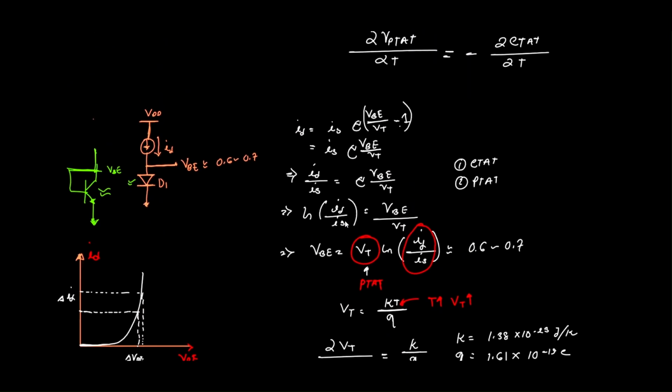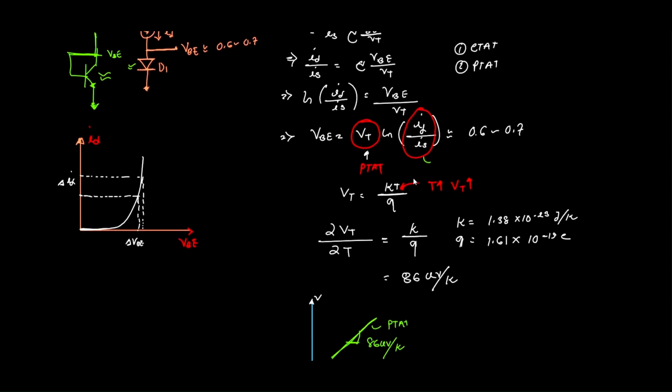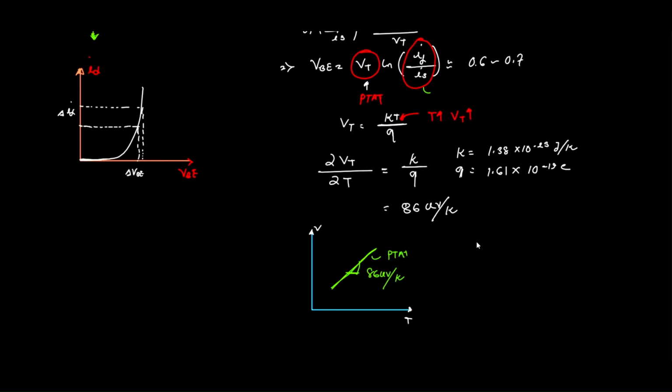Also, if we take a look at this term ID by IS, so if we take this VT for the room temperature, this means the VT at 300 Kelvin, which is 86 microvolt per Kelvin into 300 Kelvin.